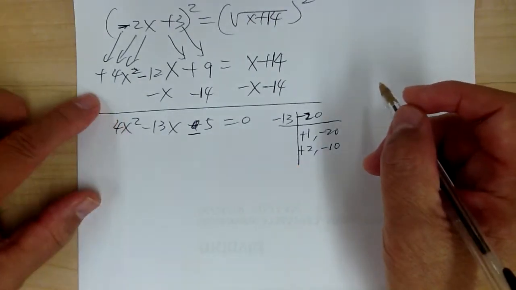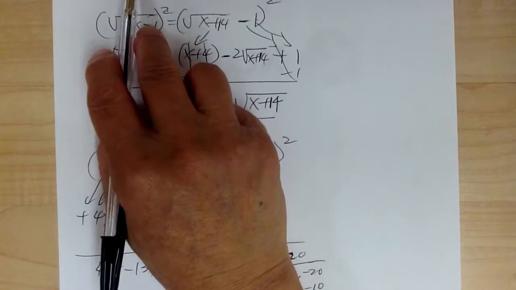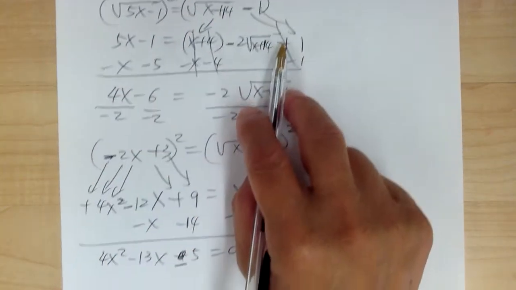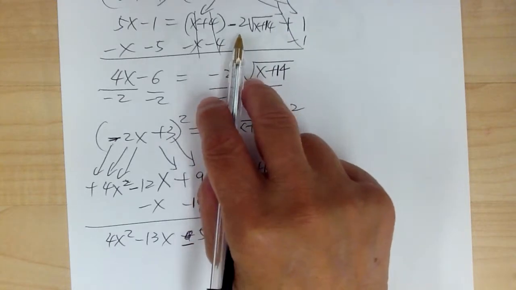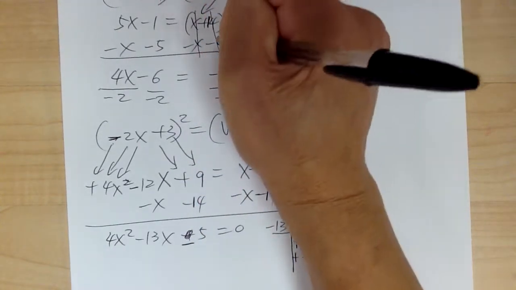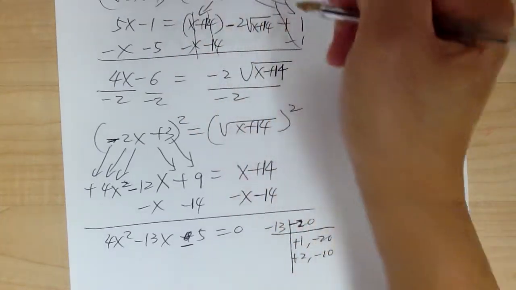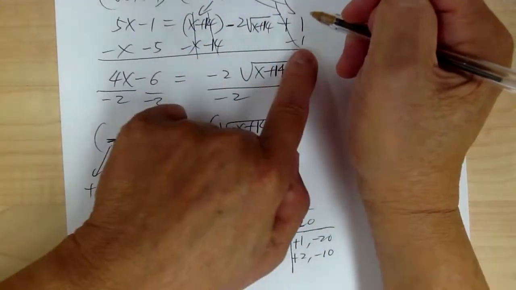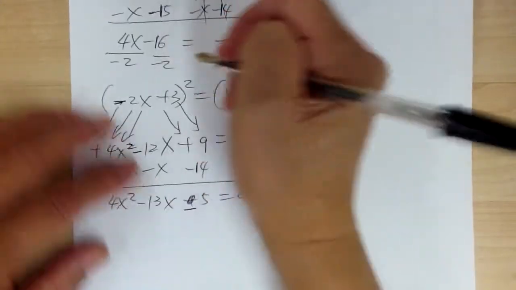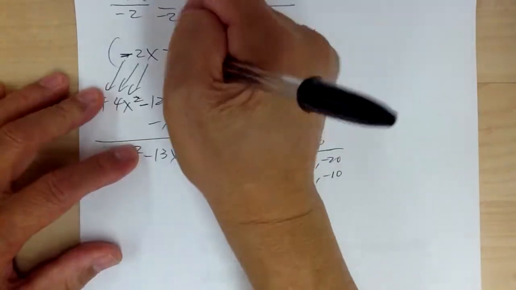Okay, double check what else is wrong. Oh, this one right over here. So this will be a 14. So minus 14 minus 1 is minus 15. So this will be minus 16. So this would be plus 8.